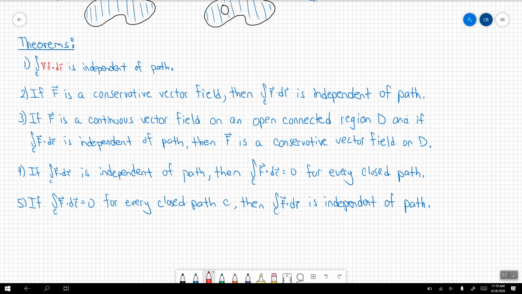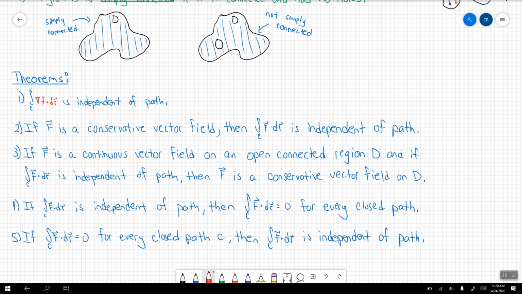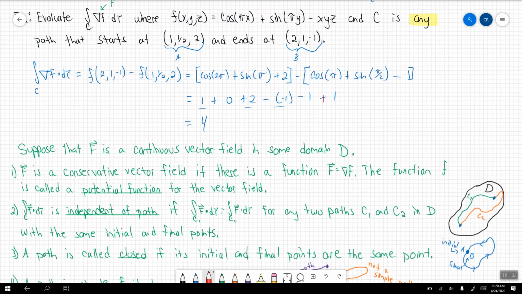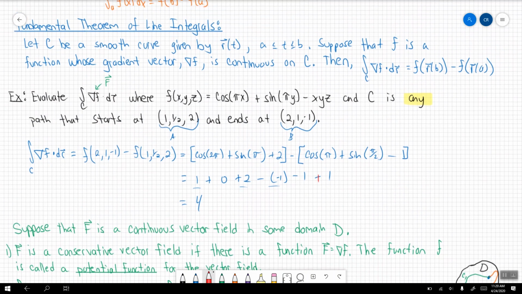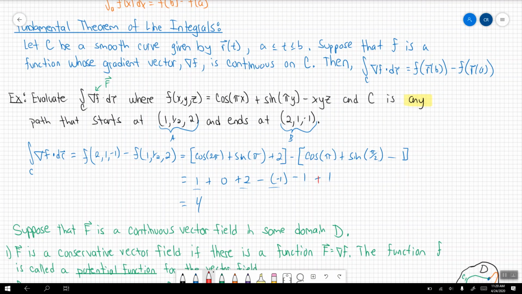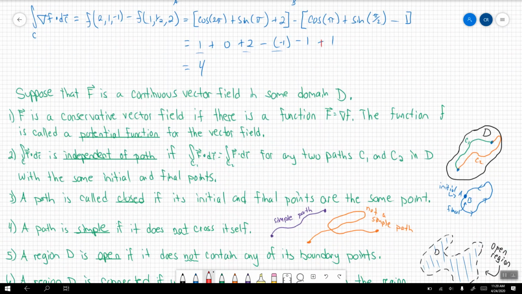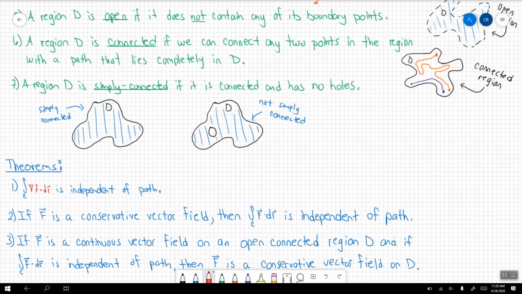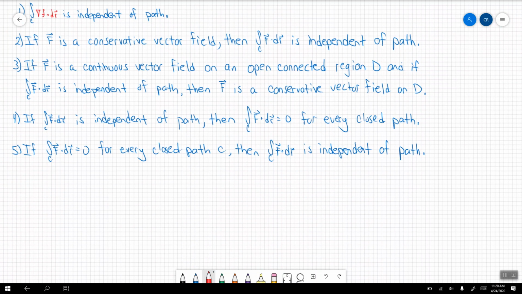These theorems help us identify when we're working with conservative vector fields. If we have one, that's awesome, because we can go back and use the fundamental theorem of line integrals, which makes everything really nice, neat, and concise. So these are the theorems that we're going to work with.